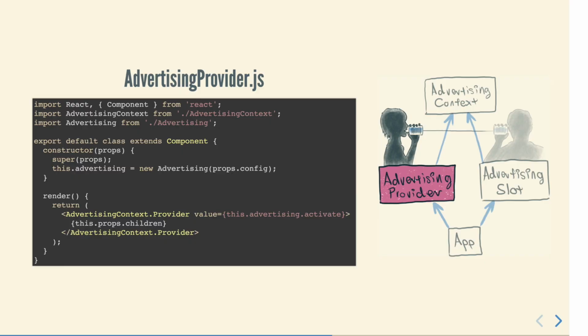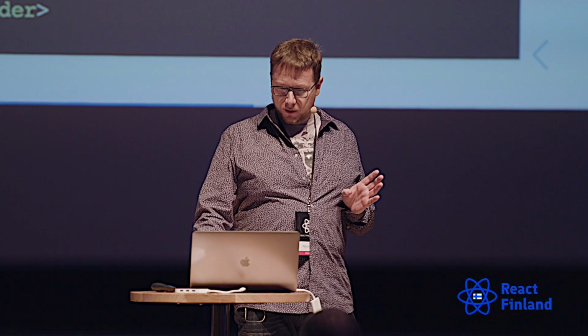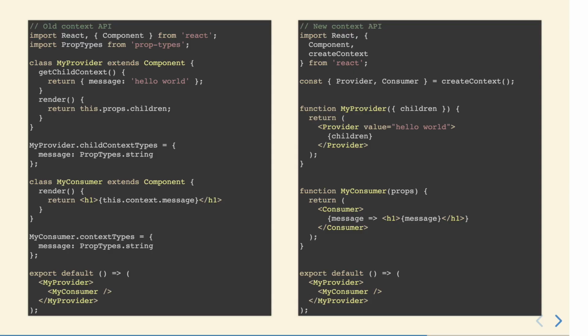And it was messy for a lot of reasons. One reason was that it would actually use prop types to identify the context. So here you have the provider child context types, and then the consumer would have the same context types, and the communication would work by matching these context types.